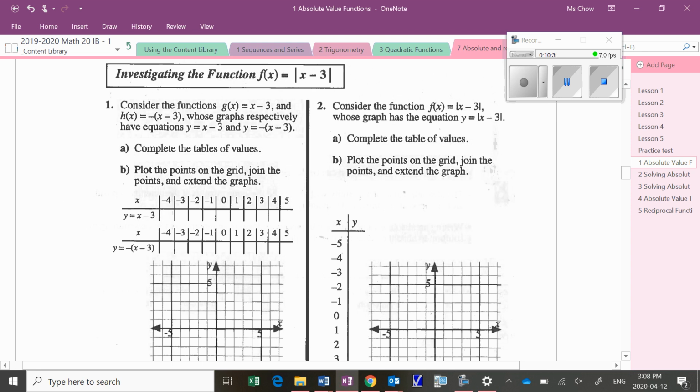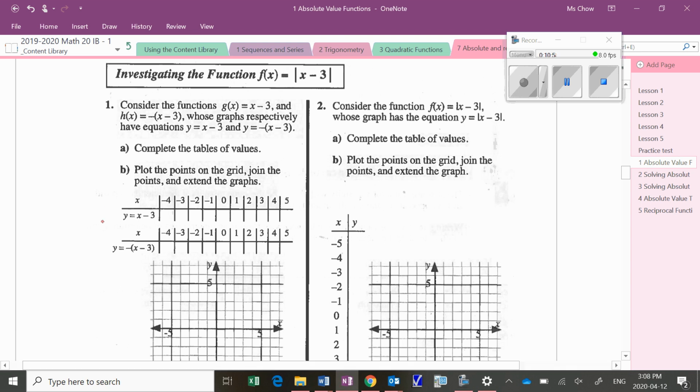Okay, so let's take a look at this particular function. So the absolute value of x minus 3. So once again, they're calling g of x, x minus 3, and then h of x the negative of x minus 3, also known as negative x plus 3 if you distribute the negative. Okay, so go ahead and complete.